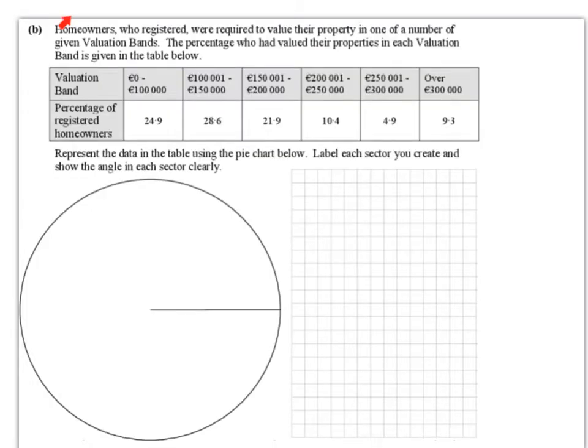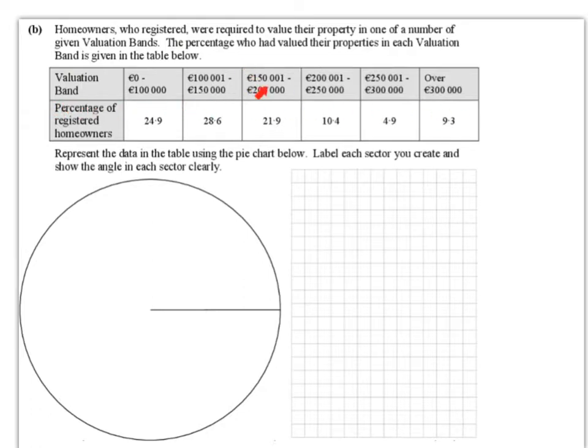B. Homeowners who registered were required to value their property in one of a number of given valuation bands. The percentage who had valued their properties in each valuation band is given in the table below. So here are our valuation bands. So 0 to 100,000 euro, 100,001 euro to 150,000 euro, 150,001 euro to 200,000 euro, and so on.